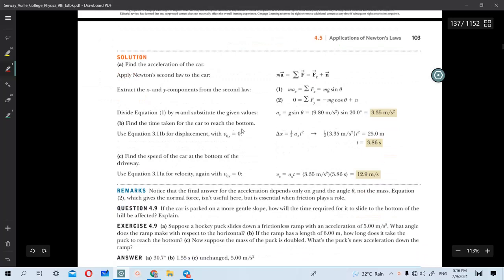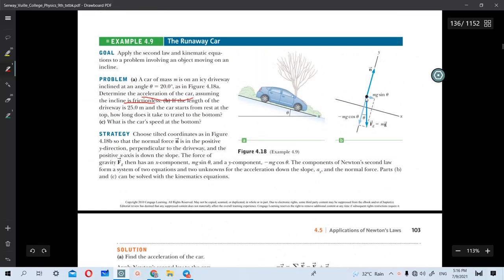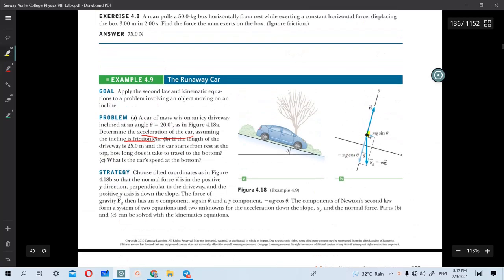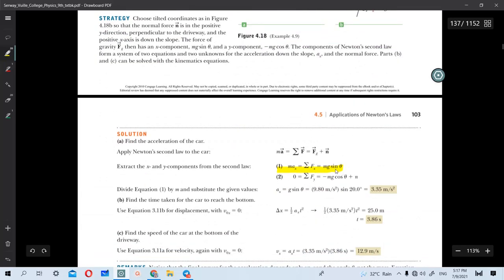So if you recall, the net force along the displacement is just mg sin theta. How do we know? From the free body diagram. Let's do the substitution. We simplify the expression, so a is g sin theta, and with theta equal to 20 degrees, we arrive at 3.35 meters per second squared.